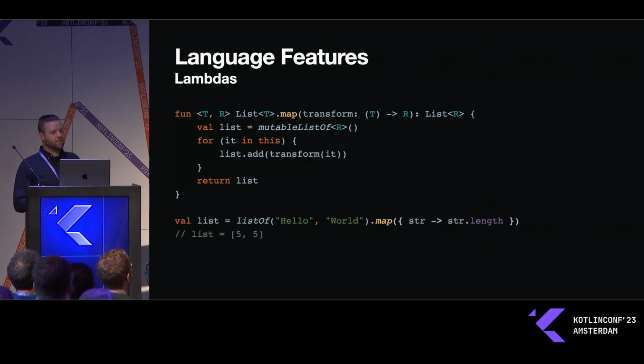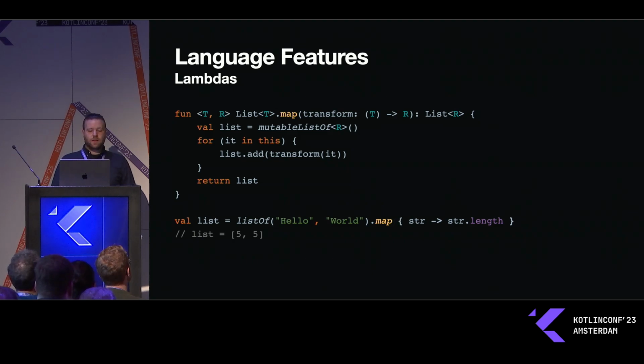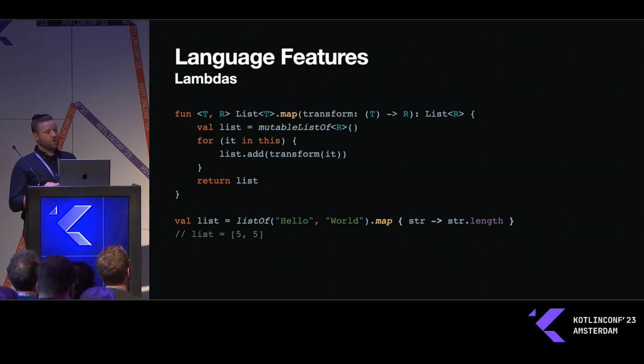So if we had an example here of a list of hello world, and we just wanted to map that to what the lengths of those strings were, we could use this notation here with the curly braces, string being the type, being the parameter, arrow, what we want to return. Kotlin is nice here again. We can drop the parameters of a function that only takes a lambda.